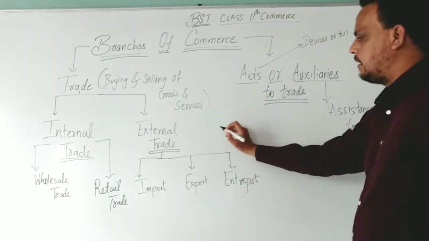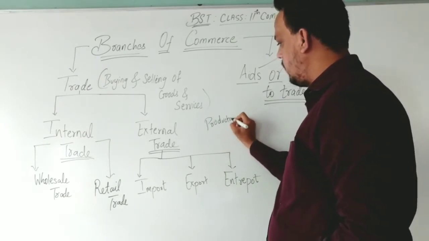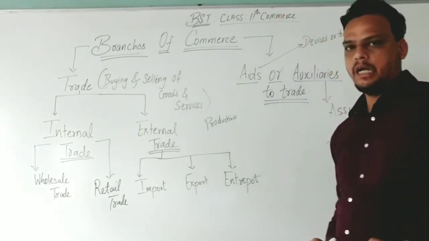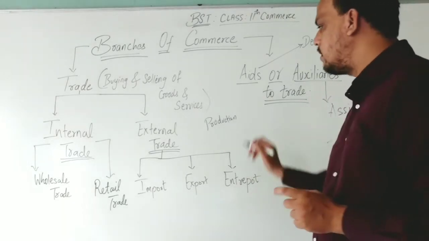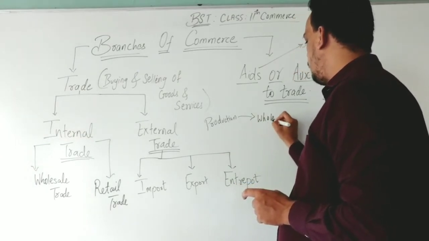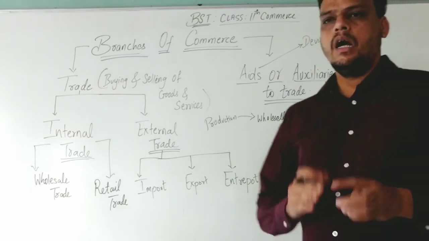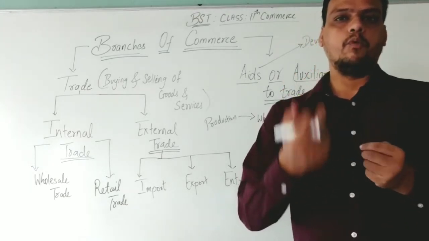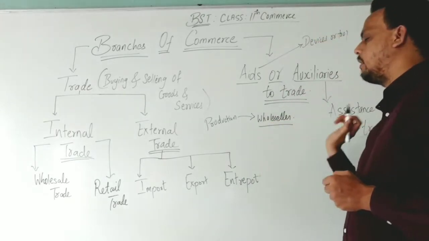One is related to production. Production will be started and your product will be created as final goods. Once the final goods reach the wholesaler, what happens here? आपका जो बुक्स है, जो आपका प्रोडक्ट है, वो प्रोडक्ट कंप्लीट हो जाने के बाद में वो होलसेलर के पास जाता है.